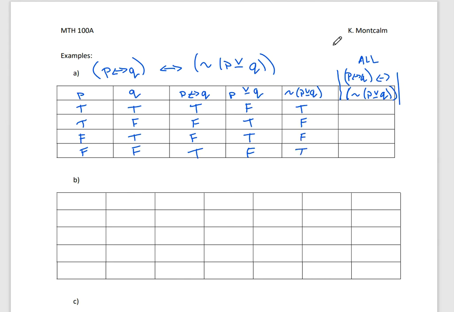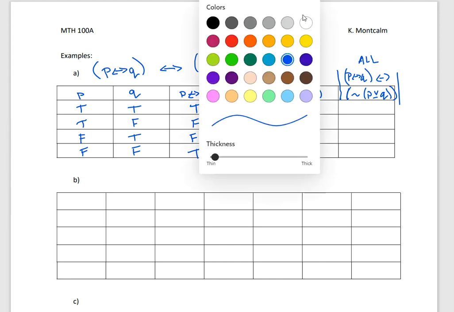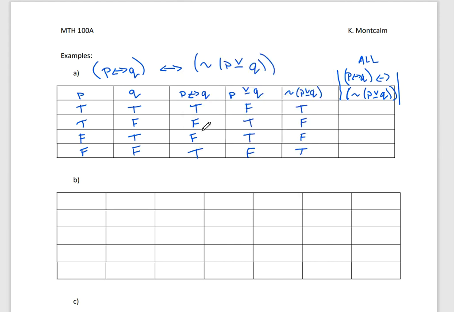So remember we said that if two statements are equivalent, they will have the same column in their truth table. So true, false, false, true for our biconditional, and true, false, false, true for the negation of our exclusively or. Those are the same column.